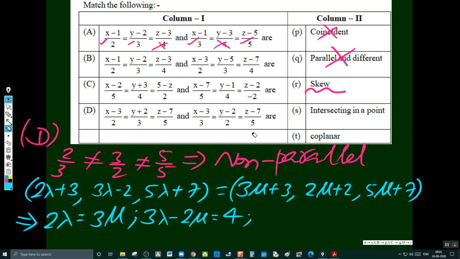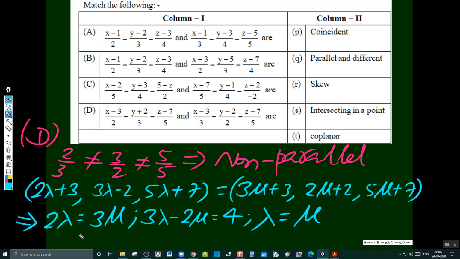Then it is easy. He made it easy by making the third equation comfortable. You need not have to verify whether lambda is equal to mu or not; you can check it from this one. You are not getting lambda is equal to mu. It is clear that lambda is equal to 3 by 2 mu.